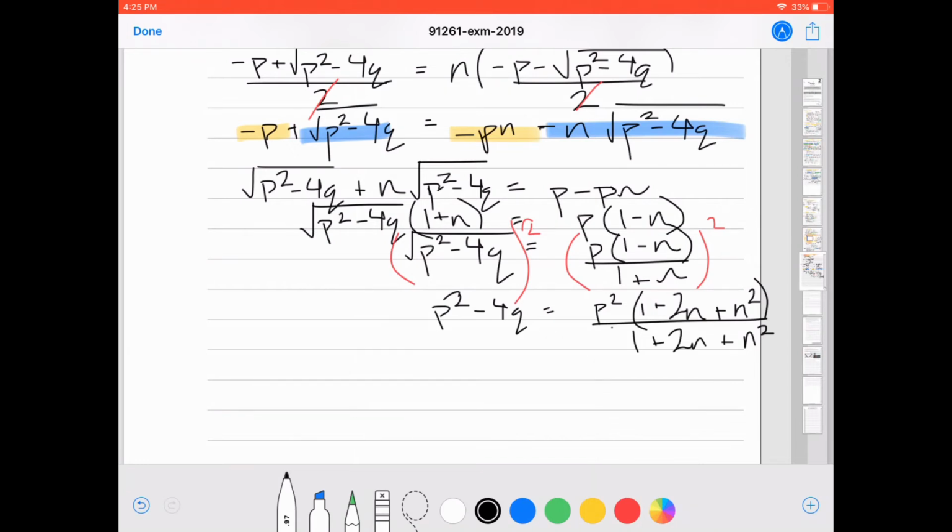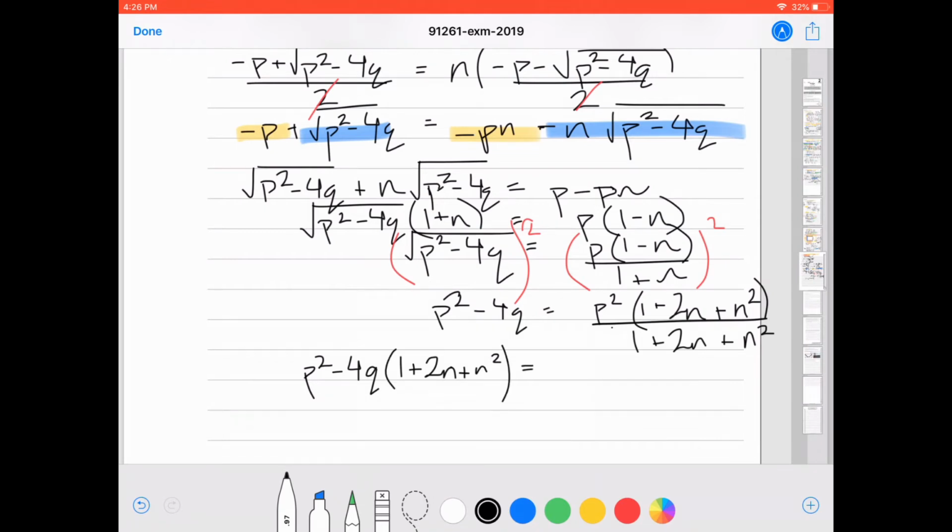Let's keep going. Let's take our 1 plus 2n plus n squared to the left-hand side. And so we end up with, let's write p squared first, p squared minus 4q times 1 plus 2n plus n squared. And we're hoping near the end of it that we will have some terms to cancel out.